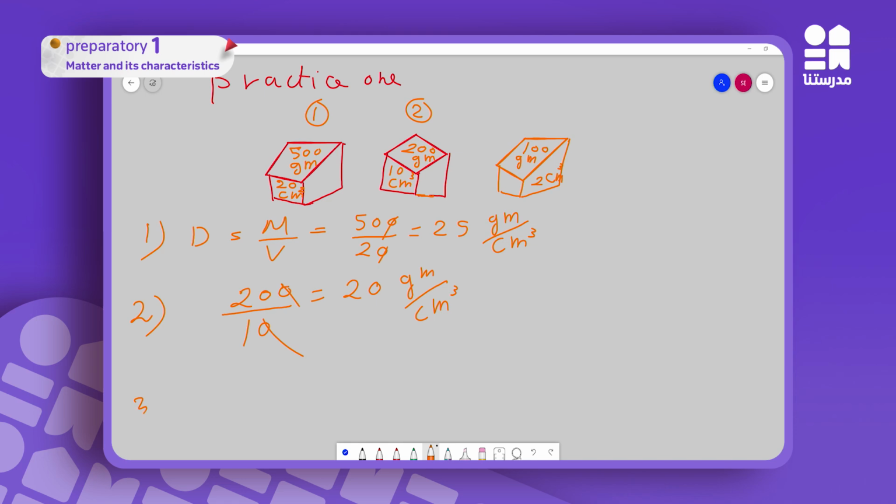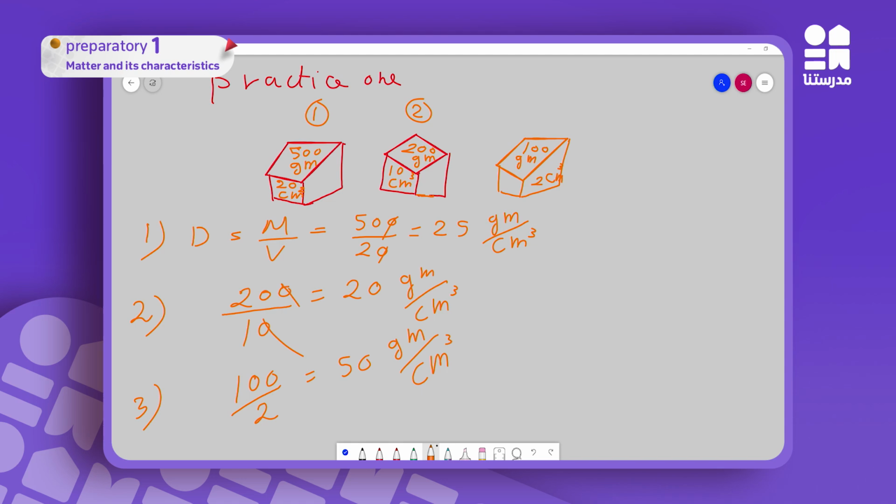The third one, I have here 100 gram, and 100 gram means what? Means mass. So I have here 100 over 2, which is 50 gram per cubic centimeter.